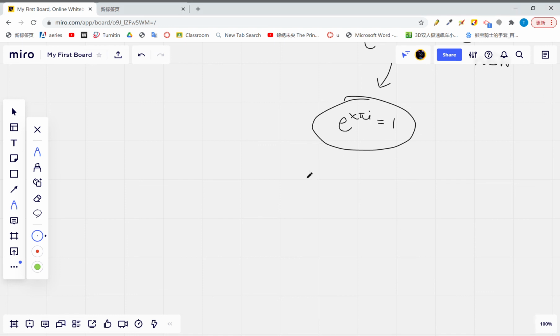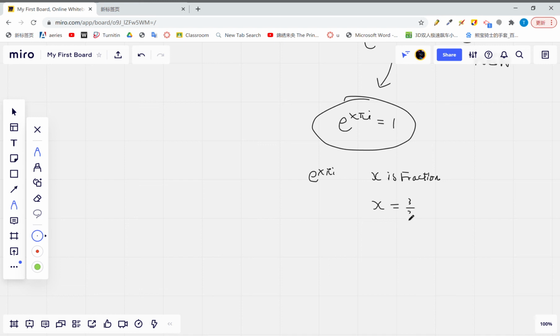And moreover, if e to the x pi i, if x is a fraction, x is n over 2. It's ugly. It's a fraction like 1.5, like 3 over 2.